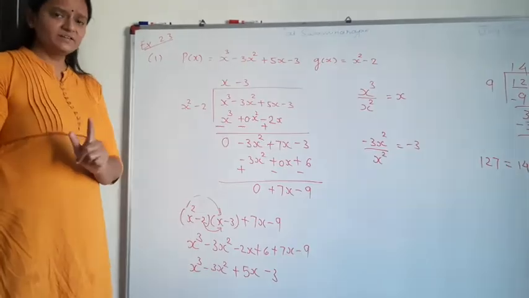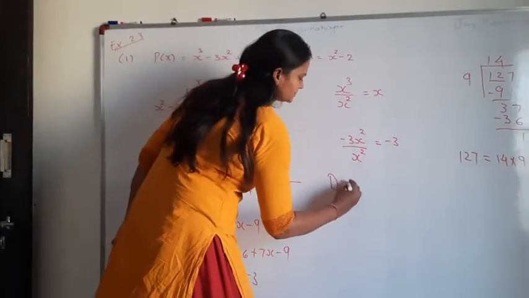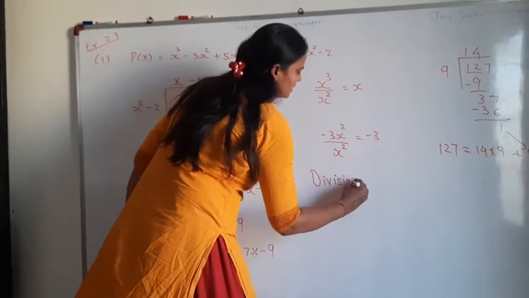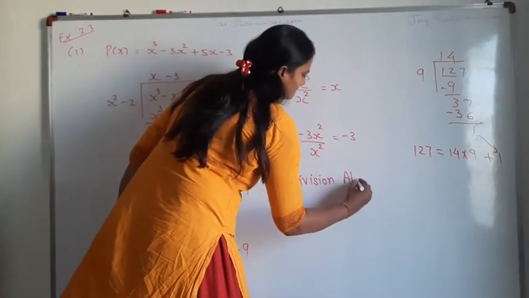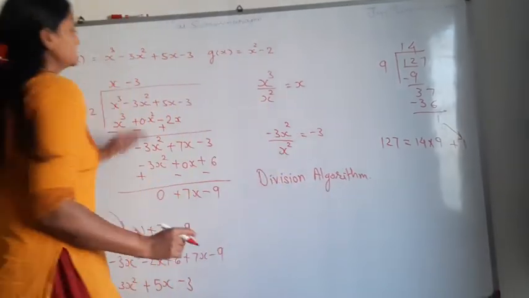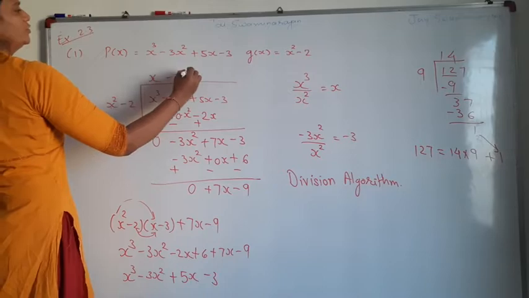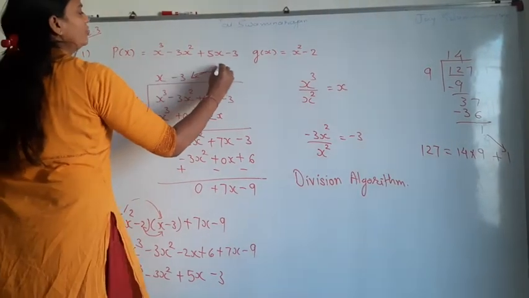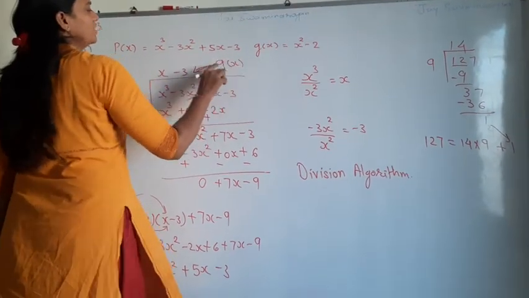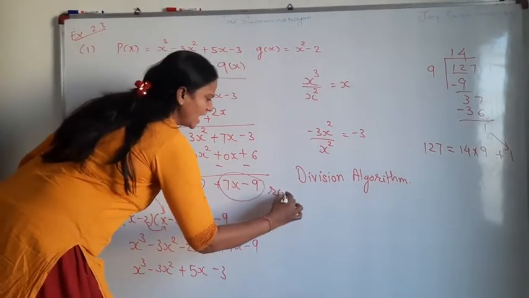So what is our division algorithm? Division algorithm is, if I say this as p of x, g of x, quotient we will denote by what? This we will denote by q of x, and the remainder we denote by r of x.